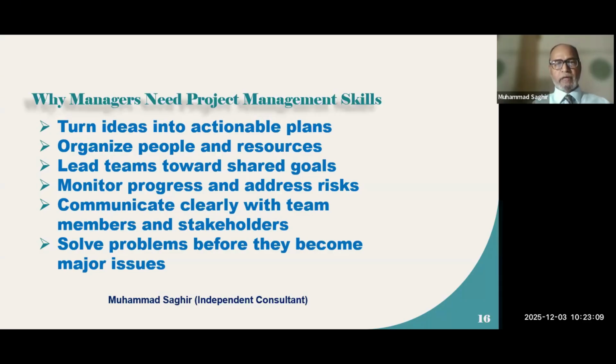So once you have this skill, you are able to communicate with your team members and stakeholders. And once you have problem solving skills, you can identify the problems and solve them before they become major issues. So as a manager, it helps a lot.